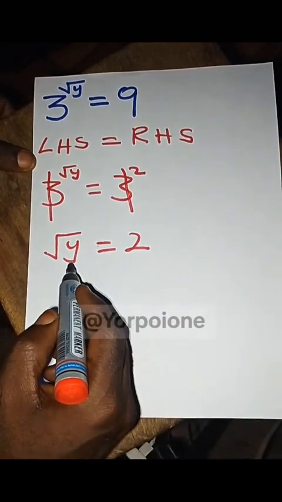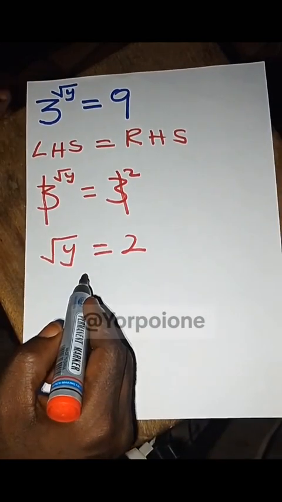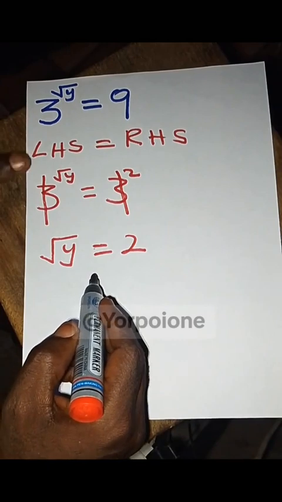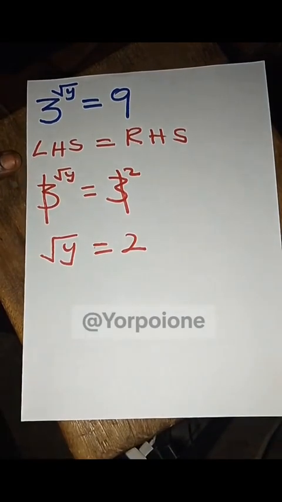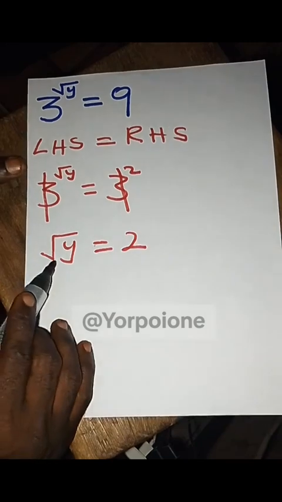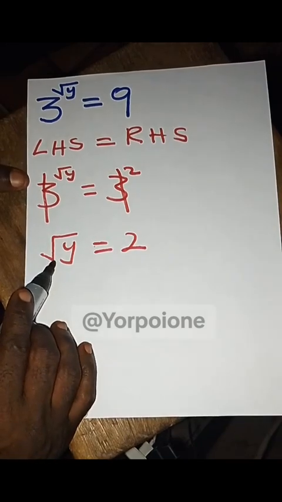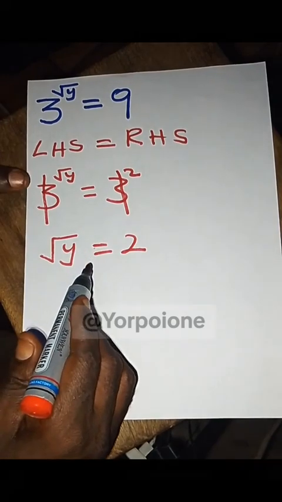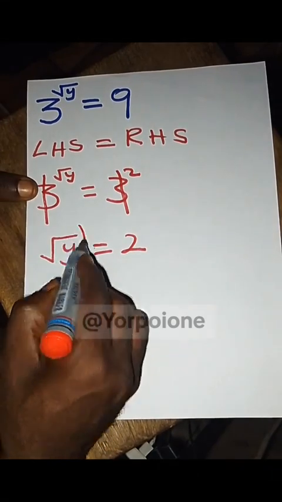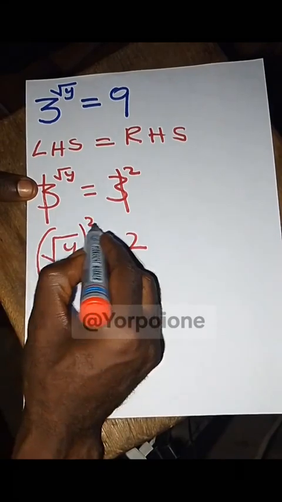We are not looking for the root of y, but y. In mathematics, anytime you have a square root of a value and you want to remove that square root, we square. And we don't just square the left, we also have to square the right.